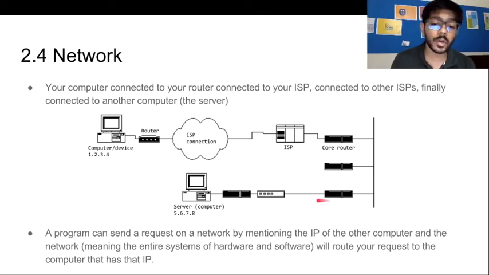And then again through these core routers, our connection moves into a server. And so our request is moving from our computer all the way into the server's computer, where the request is processed and response is generated and sent all the way back. So this network helps us transfer our request to our destination. And the most popular way to communicate over a network is by mentioning the IP of the other computer.